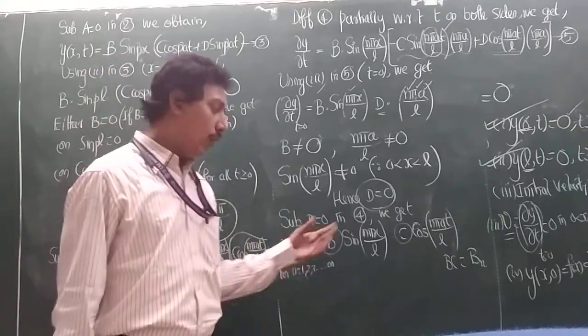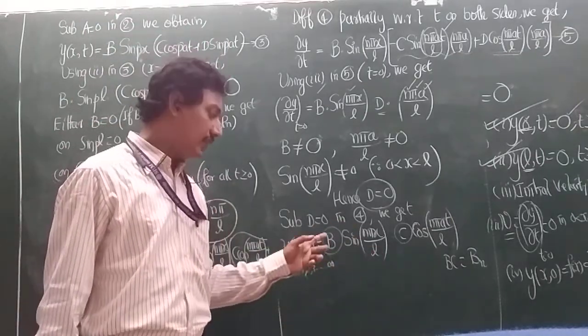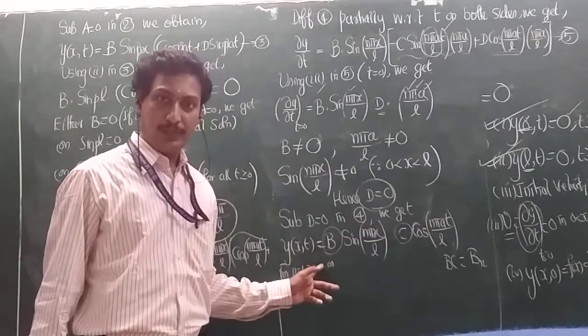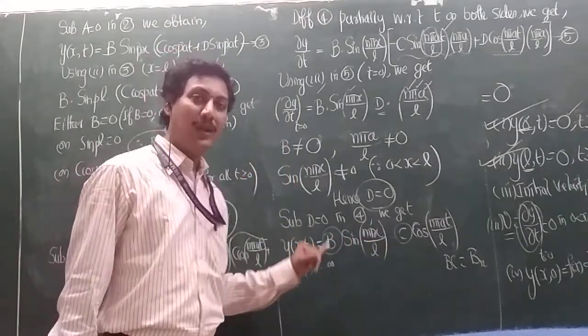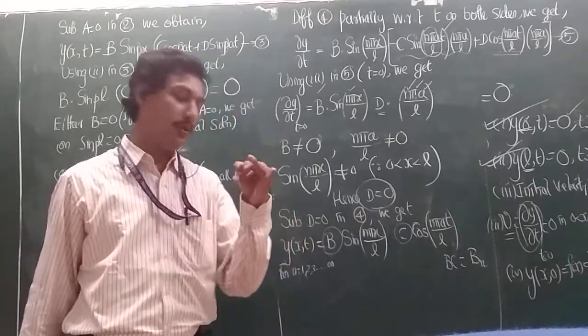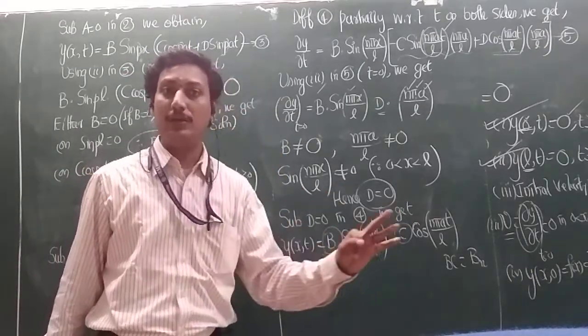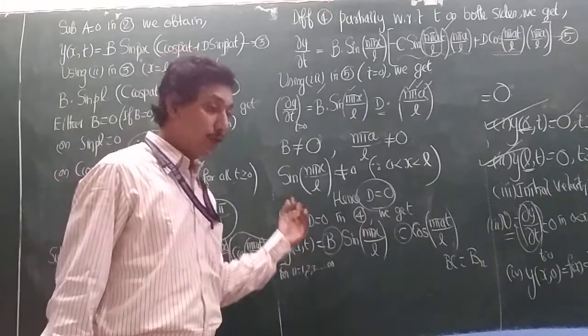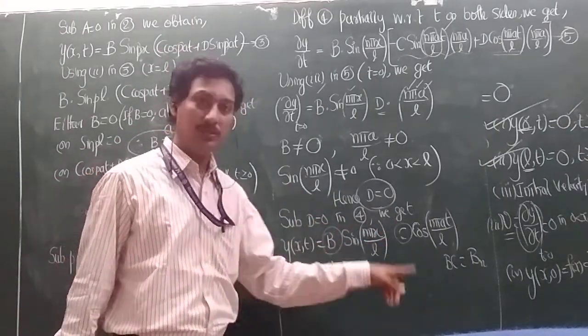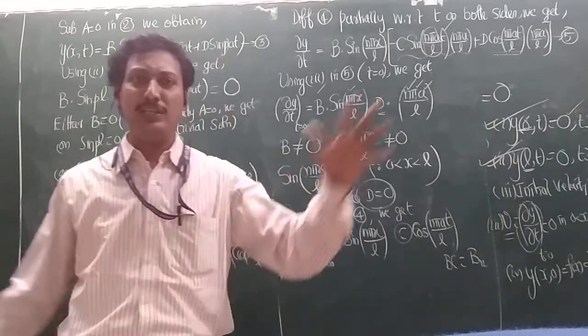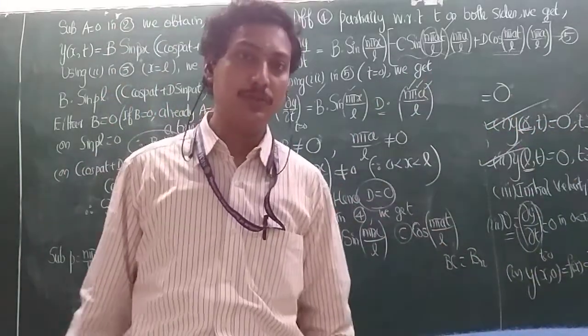By giving different values for b and c: b equal to 1, c equal to 1, I get one possible solution. B equal to 1, C equal to 2, I get a second possible solution. B equal to 1, C equal to 3, we get the third one. Similarly, B equal to 2, C equal to 1, 2, 3. Continuing like that, we get an infinite number of possible solutions.